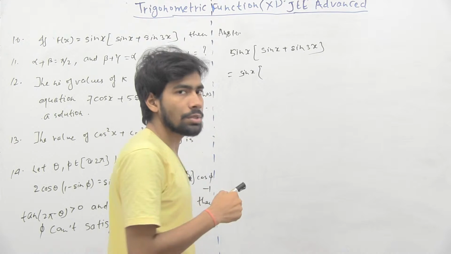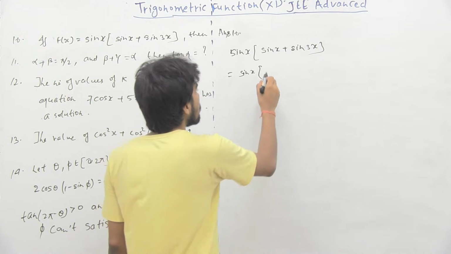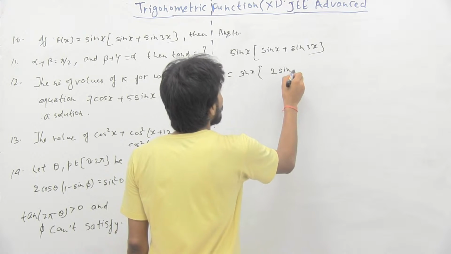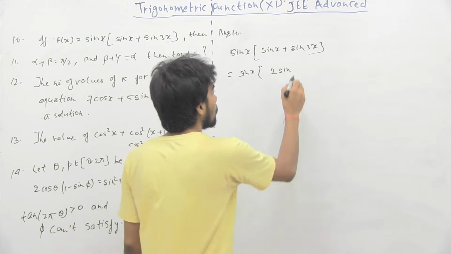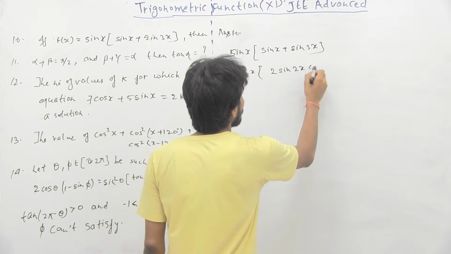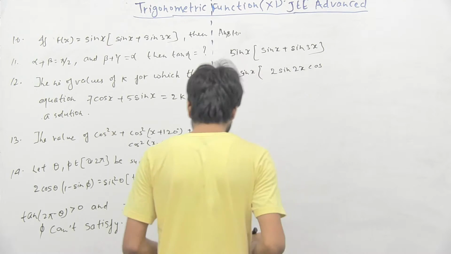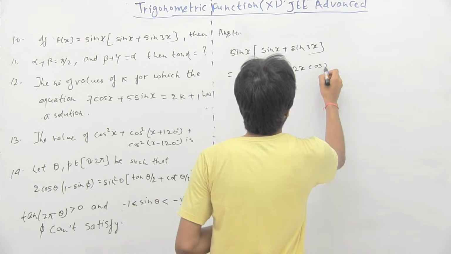Now this is in the form of sin a plus sin b. So can we write it as 2 sin((a plus b)/2) into cos((a minus b)/2), which gives 2 sin 2x cos x?